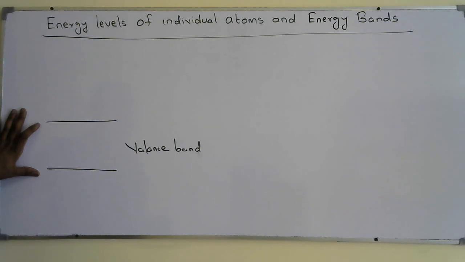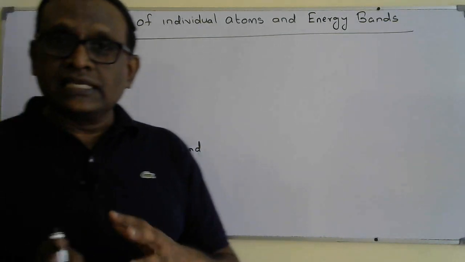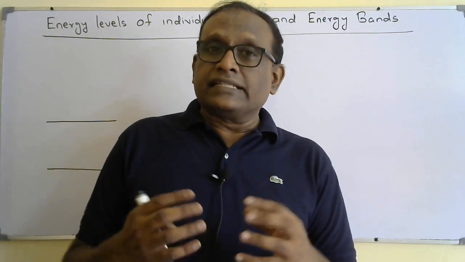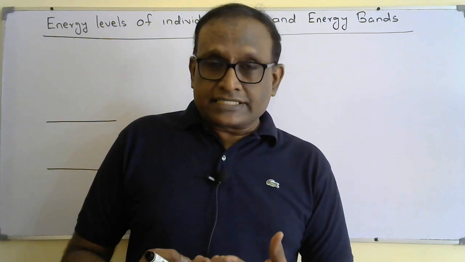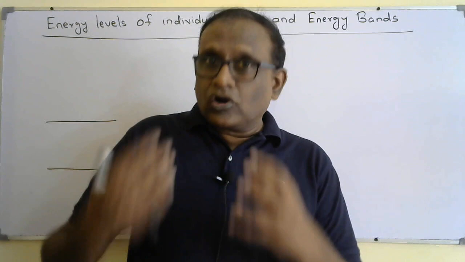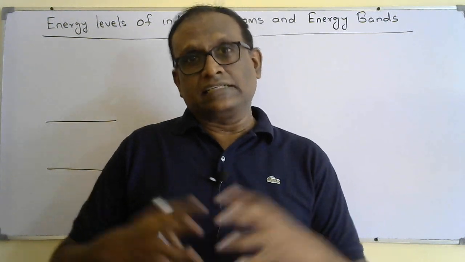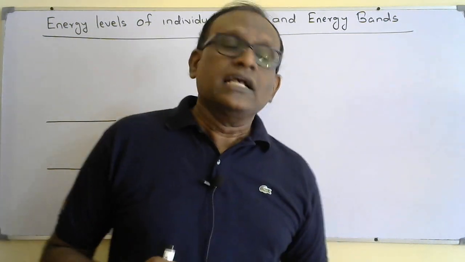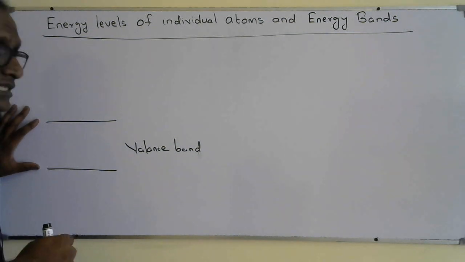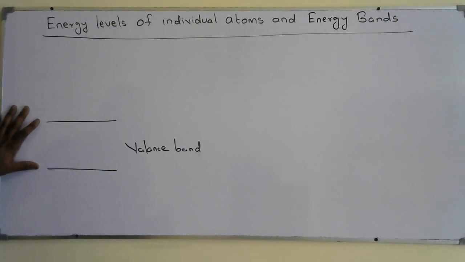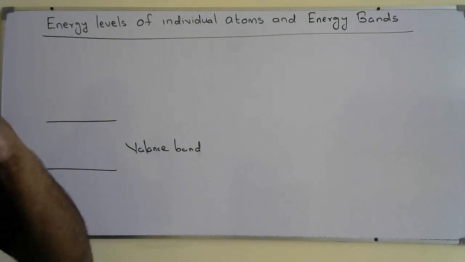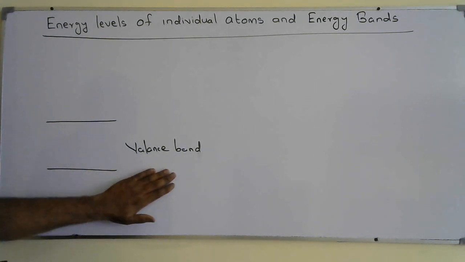This valence band is only for solids. In solids, they create bonds to get a stable electronic structure, so they have obtained the required filled structure. Therefore we say the valence band consists of all the filled orbits of an atom. That's the valence band.